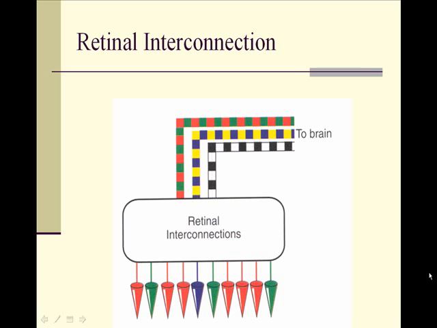We have red and green signals, blue and yellow signals, and white and black signals, or lightness signals. So we transform our red, green, and blue into blue-yellow, red-green, and black-white signals that go to our brain, and our brain interprets those signals to be the colors that we actually perceive.